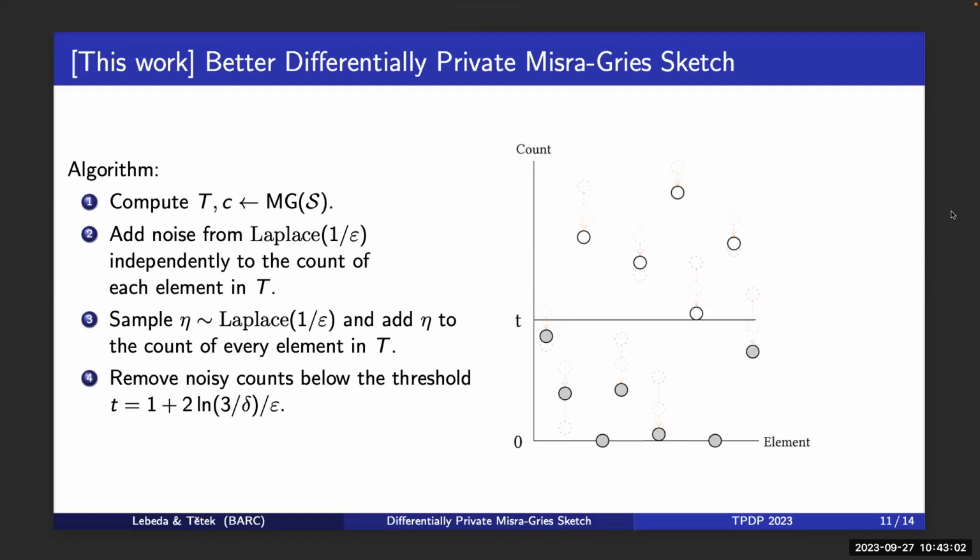And the last thing we need to do is remove all of the noisy values that are below some threshold. If you're familiar with how stability histograms work, this is the same idea: because the two sketches might differ in which elements are non-zero, we have to remove small values in order to hide the difference in keys.